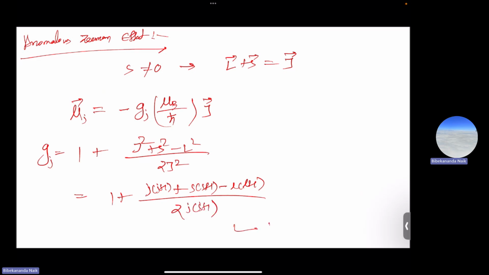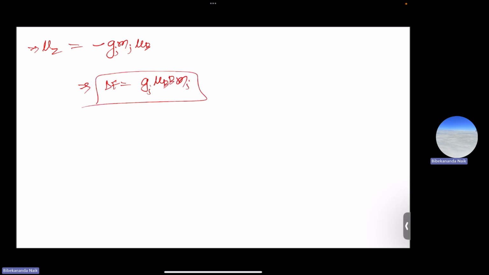So it is called the Lande g factor. Accordingly, mu Z will be minus gJ MJ mu B. So delta E will be gJ mu B B MJ. Corresponding to the value of J, here delta J is equal to 0, plus or minus 1, where 0 to 0 is not allowed.